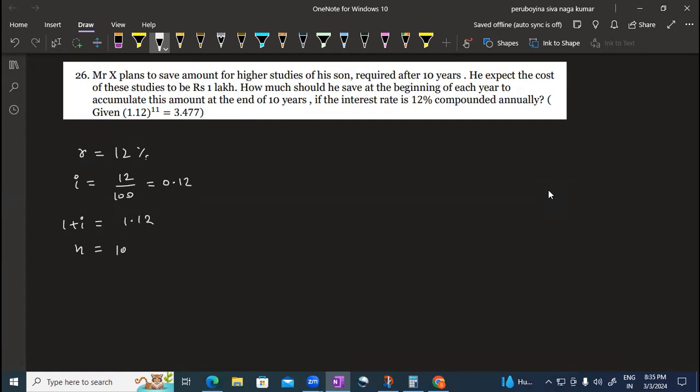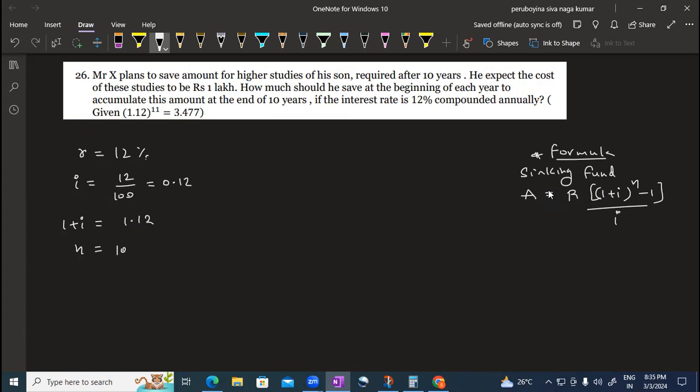The concept is the sinking fund concept. Amount A is equal to installment R of 1 plus I whole power N minus 1 divided by I. This is the formula.